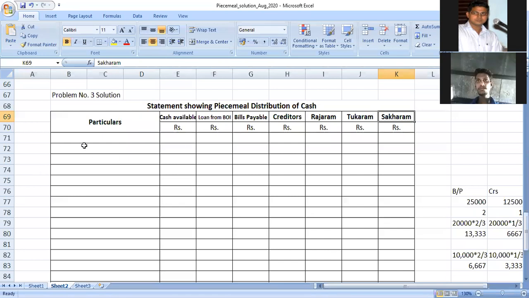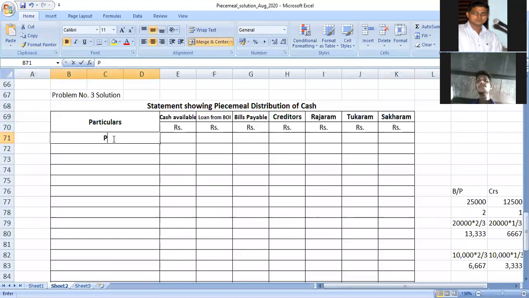Now before starting, we will write here the profit sharing ratio. Friends, what will be the profit sharing ratio? Do you have any idea about it? Rajaram, Tukaram, Sakaram, that we have to write here.